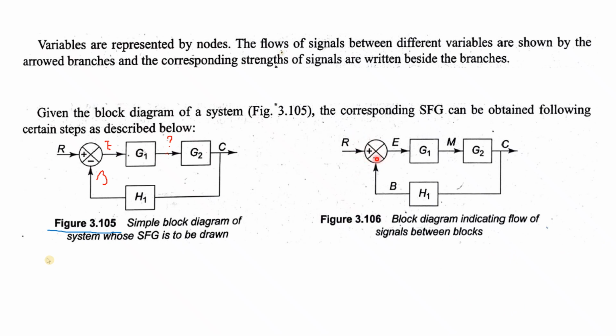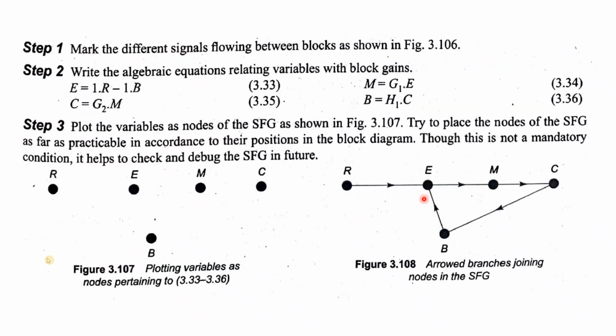Step number 3, the summation point will be deleted. We don't have to bother about the summation point, because for the summation point also there is some rule, that we will discuss. But consider the transfer functions G1, G2, H1. G1 and G2 are forward path transfer functions, and H1 is the feedback transfer function. So consider the transfer functions, but don't take them as nodes, take them as gains.